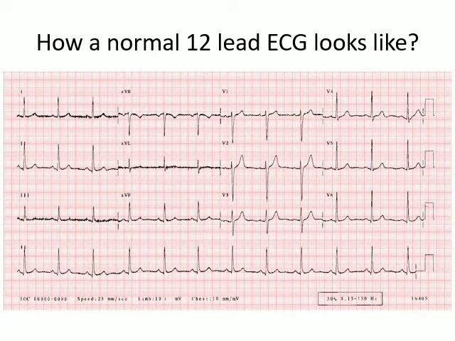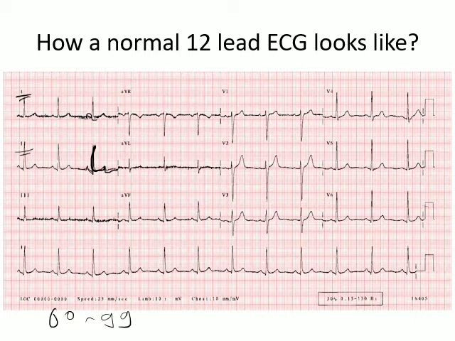Then I want you guys to notice if the ECG is in sinus rhythm or not. We see that in lead 1 and lead 2, the P wave is upright like this, like this. Each P wave is followed by a QRS complex, and the heart rate is between 60 and 99.